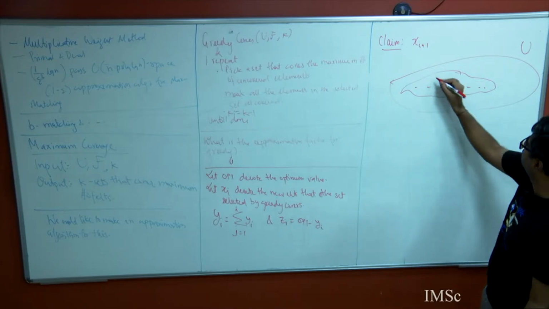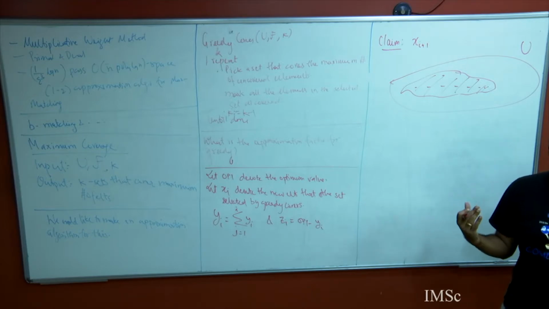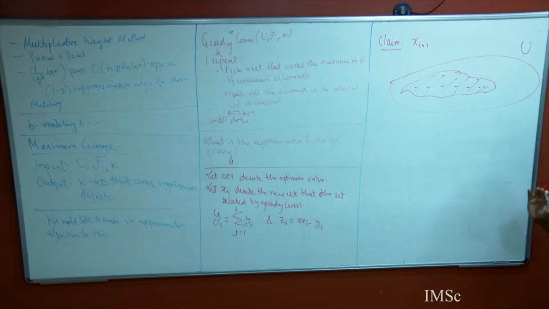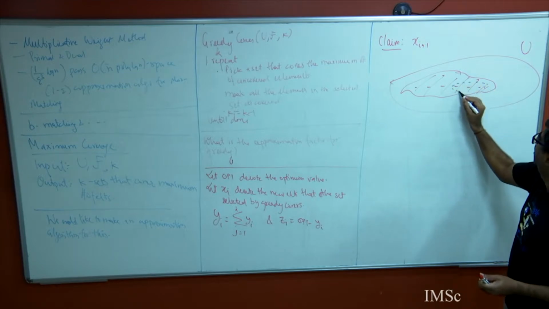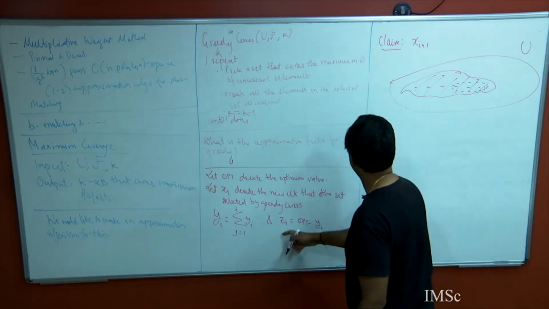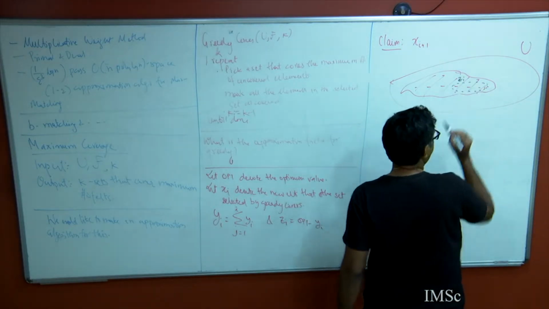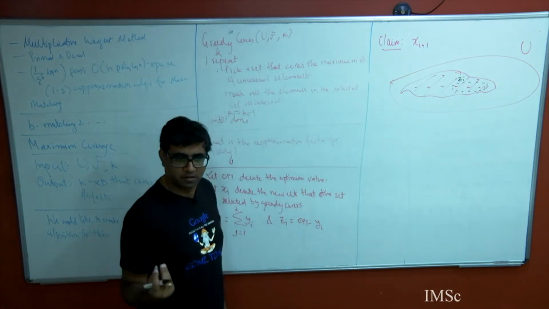So suppose this is what opt covers. At this point of time, some elements here are uncovered. z_i elements are uncovered. Now, opt picks some k sets.